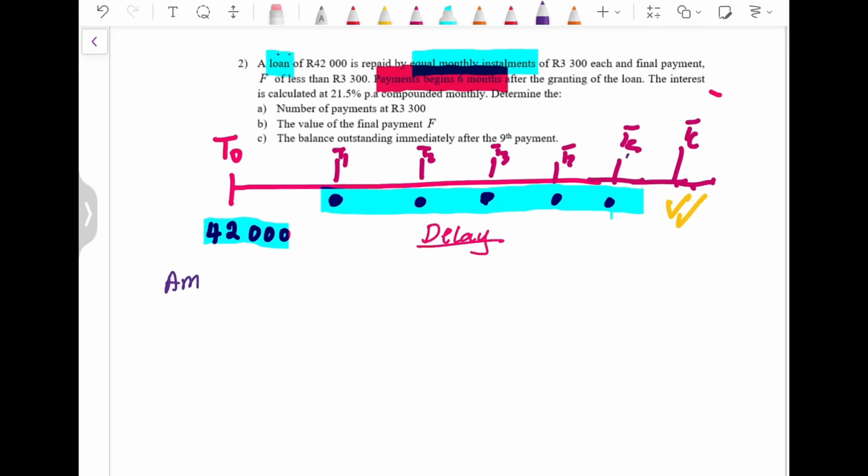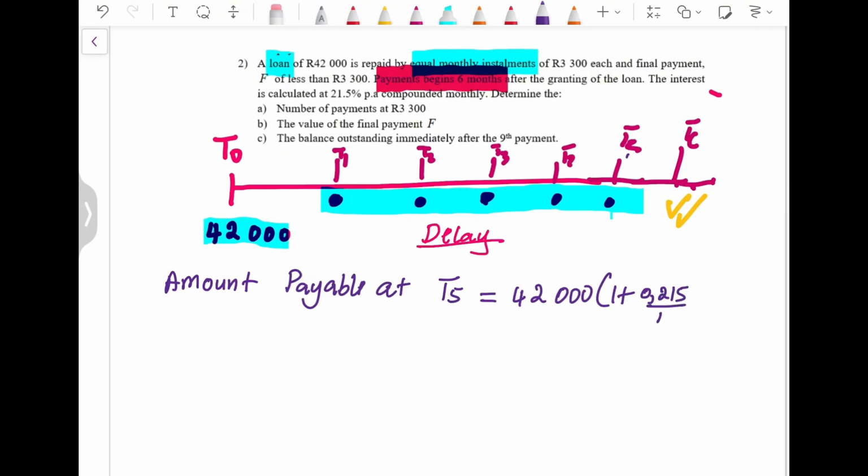So the amount payable at T5 is equal to 42,000 times 1 plus our interest here, 0,215 over 12, to the exponent of how many months were missed or delayed? It is 5 months.